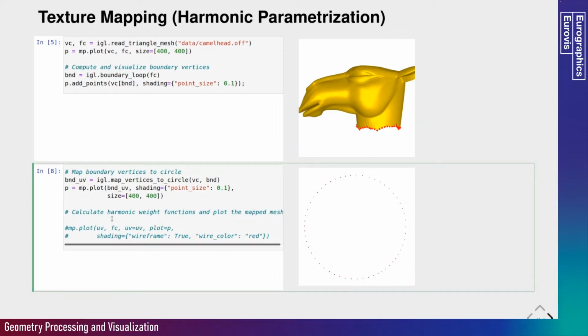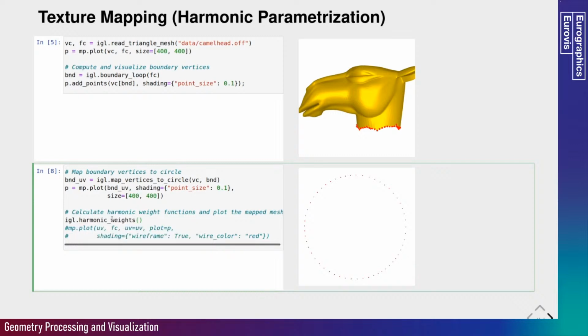So we calculate two harmonic weight functions for u and for v, and these can then be used as uv parameters for the vertices of the original mesh. Let's use libigl again, and the function is called harmonic weights.